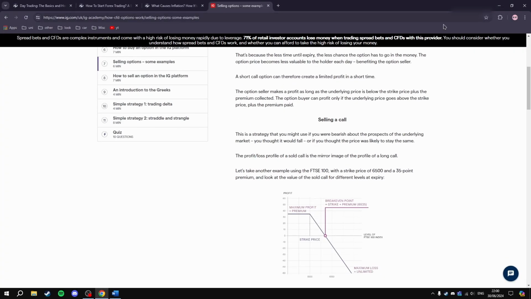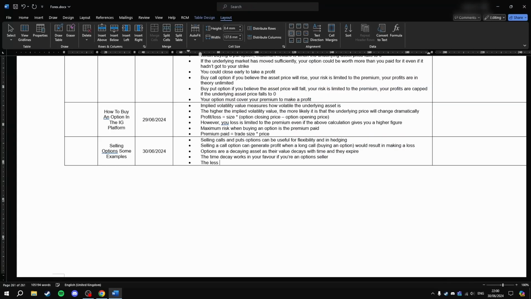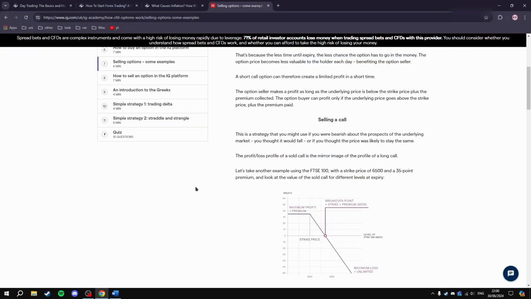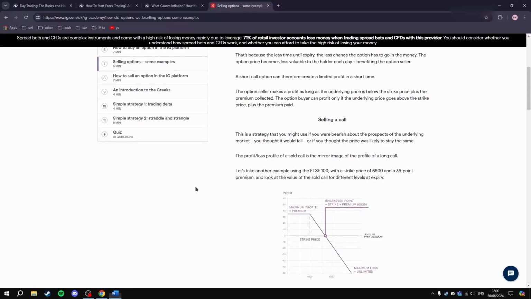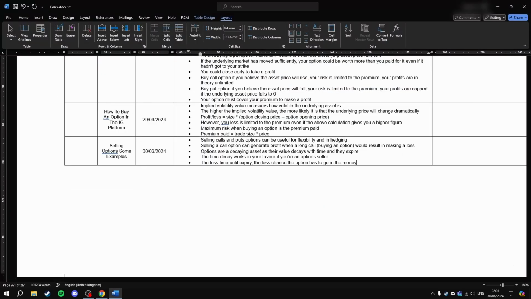That's because the closer you are to expiry, the less chance the option has to go in the money.